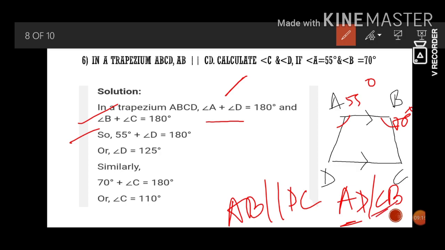Now 55 plus D is equal to 180 degrees. Substituting the value of A and solving for D, we get D is equal to 125. Similarly, B plus C will give us 180. So 70 plus C is equal to 180, implying angle C is 110. So our angle C is 110 degrees and angle D is 125 degrees.